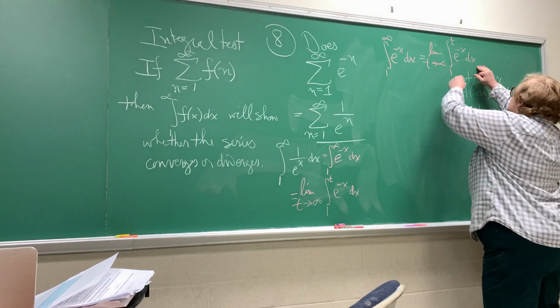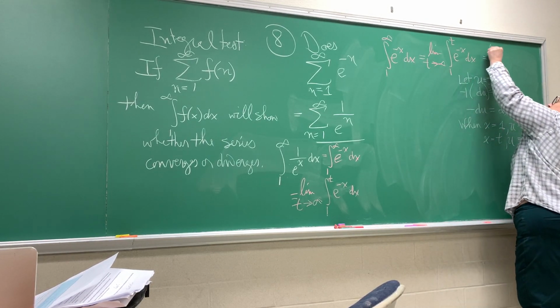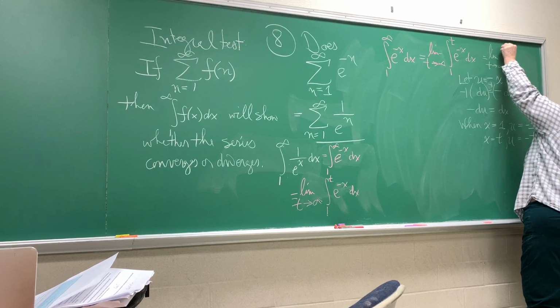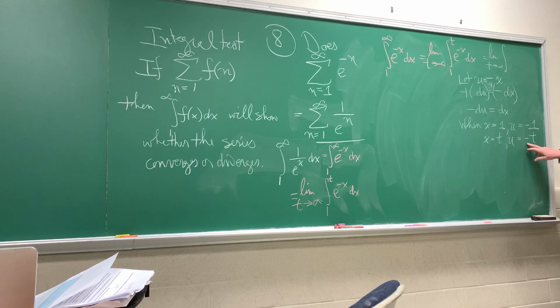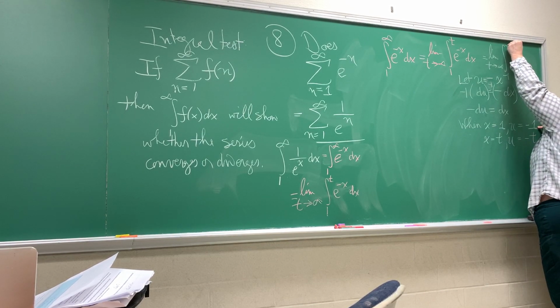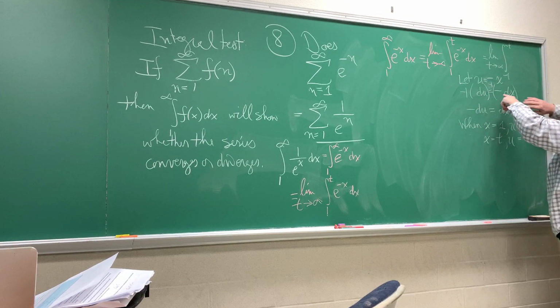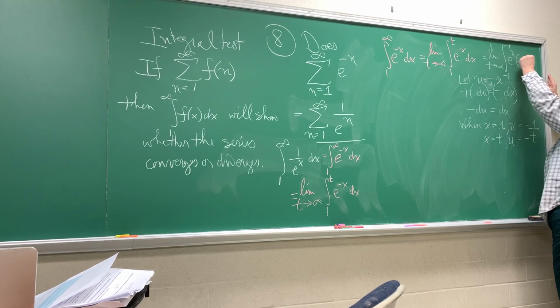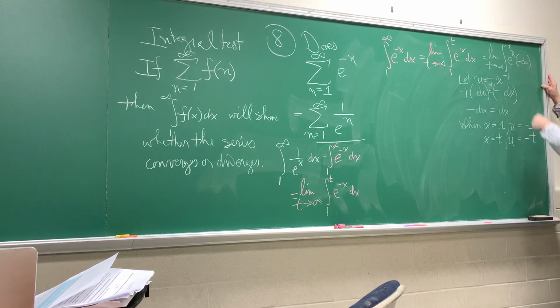So we've got the limit as t goes to infinity, the integral from negative 1 to negative t of e to the u, and then we have a negative du. And that negative multiplied by the du, what can we do with it? Take it out. Good.